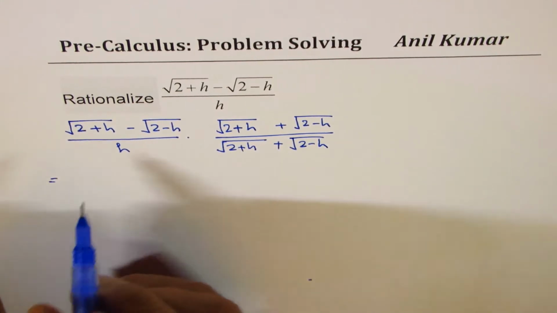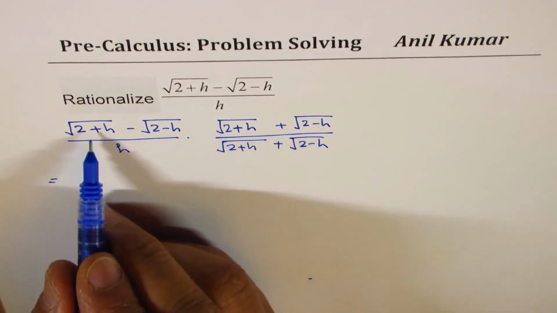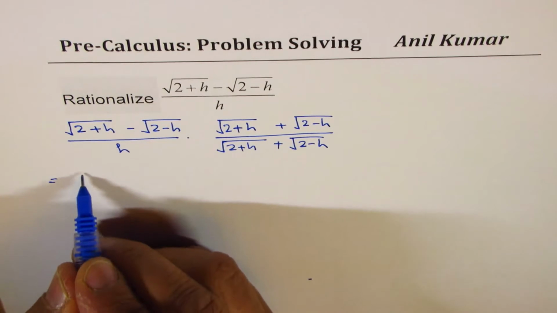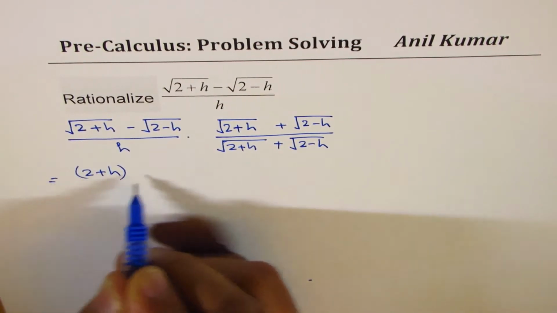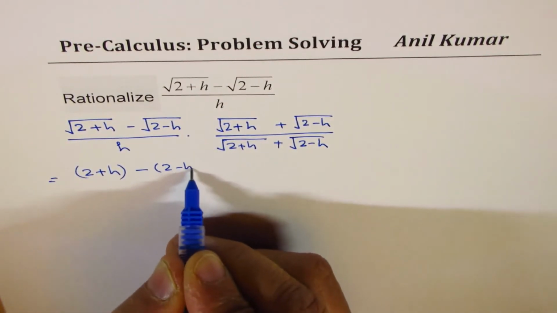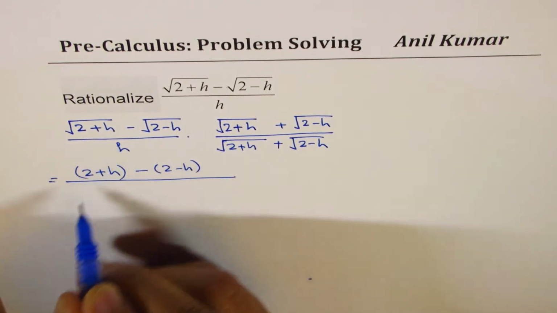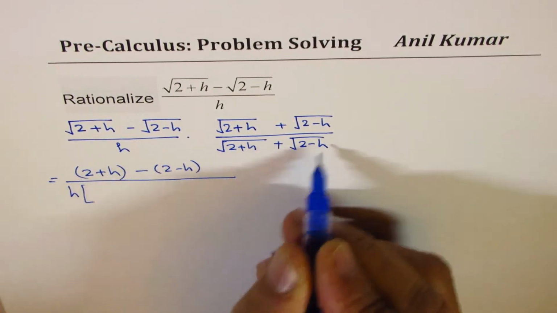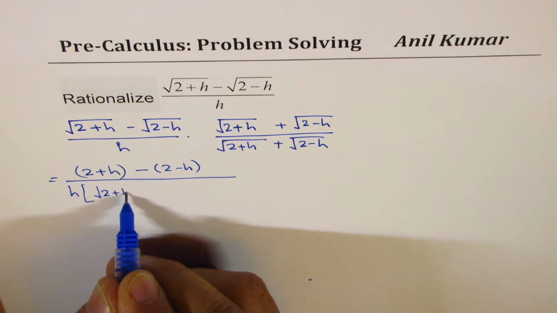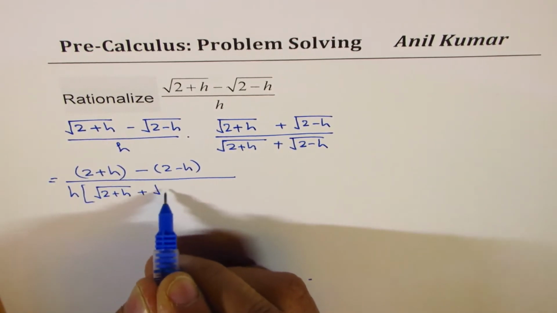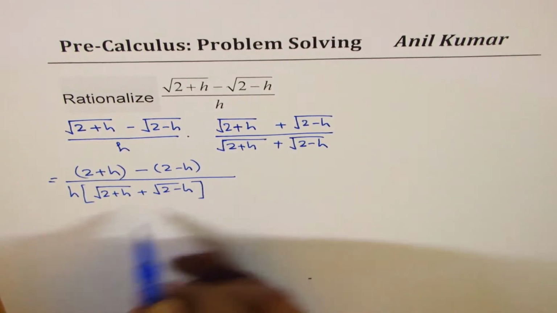Now the numerator will be rationalized. So we get a difference of squares. So we get 2 plus h minus 2 minus h, and in the denominator h gets multiplied by all this, which is square root of 2 plus h plus square root of 2 minus h.